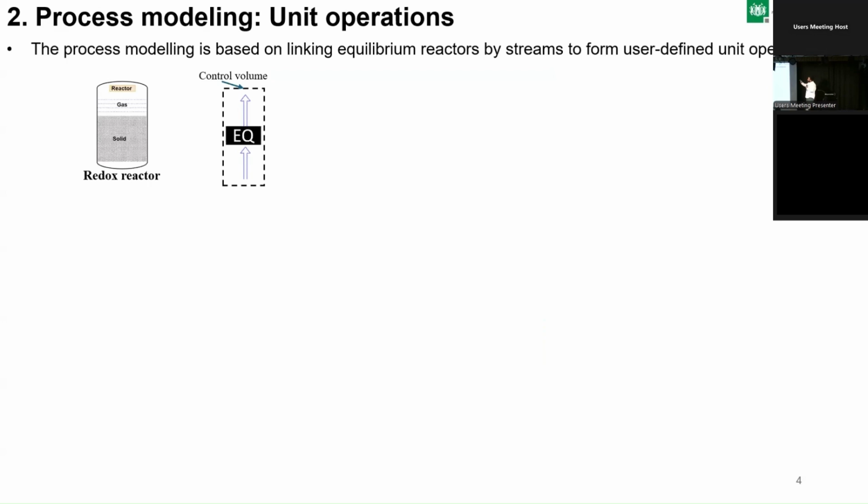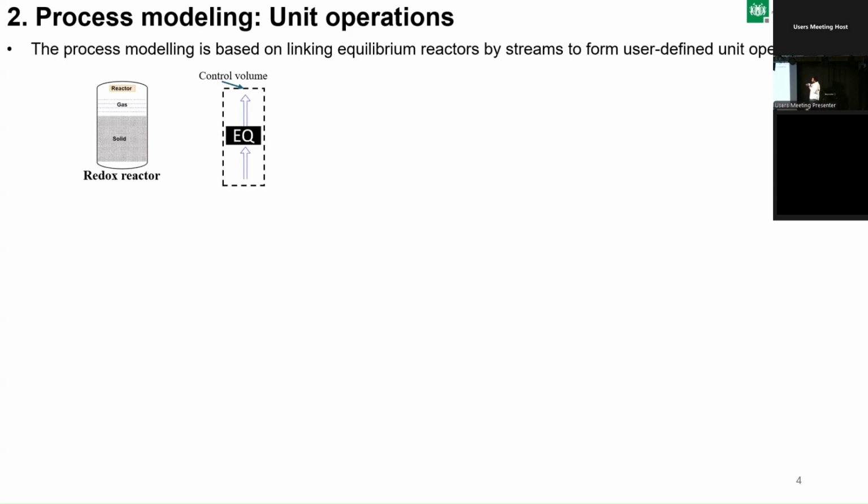For example, if we take a look at this developed unit operation, this is a redox reactor, and this redox reactor operates at constant volume, and it is assumed inside the reactor that we have perfect mixing and no spatial gradients.